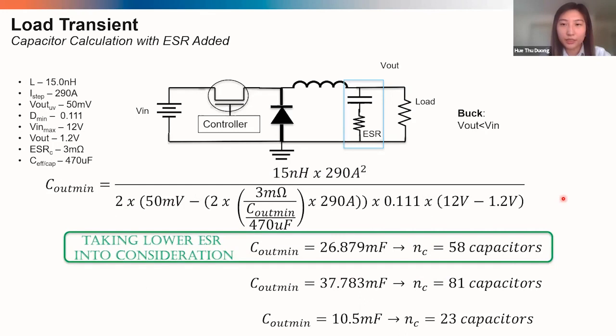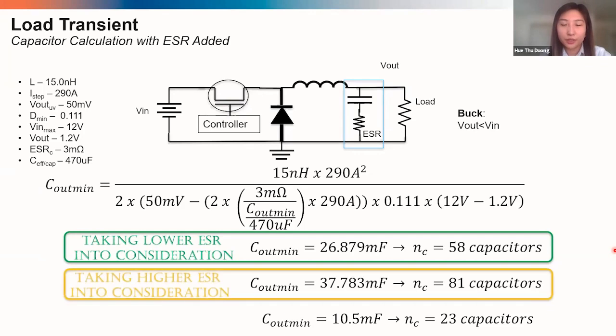And solving this would give us these values here circled in green. So the output capacitance required would be 26.879 millifarads, which would require 58 capacitors. Compared to the previous example that had 5 milliohms ESR, this 3 milliohms ESR part will require about 20 capacitors less than the 5 milliohms example.